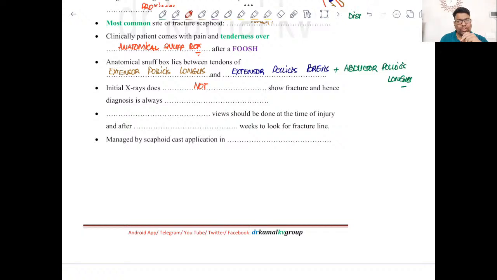The diagnosis has to be fracture scaphoid, right? And since at times the x-ray might not help you in making a diagnosis, the diagnosis always has to be clinical. And x-ray might show fracture maybe around 10 to 14 days later when there is resorption along the fracture line, right?